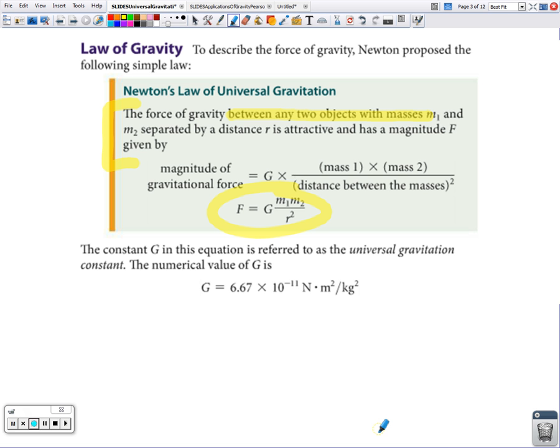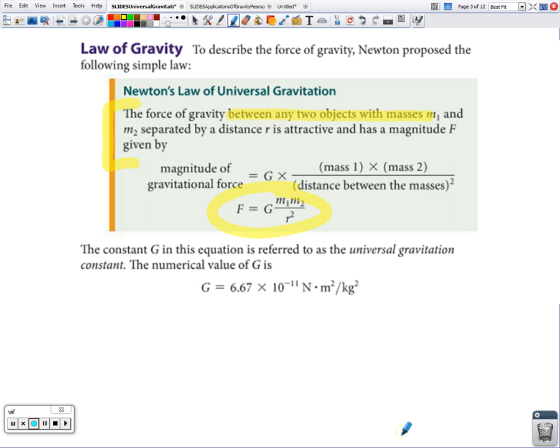Allegedly, the apple falls from the tree, and Newton realizes that the apple falling from the tree and the moon in orbit around the Earth are exactly the same thing. A little different application, but the same idea. Gravity is a universal thing that exists between any two objects with mass, not just the Earth and objects here.